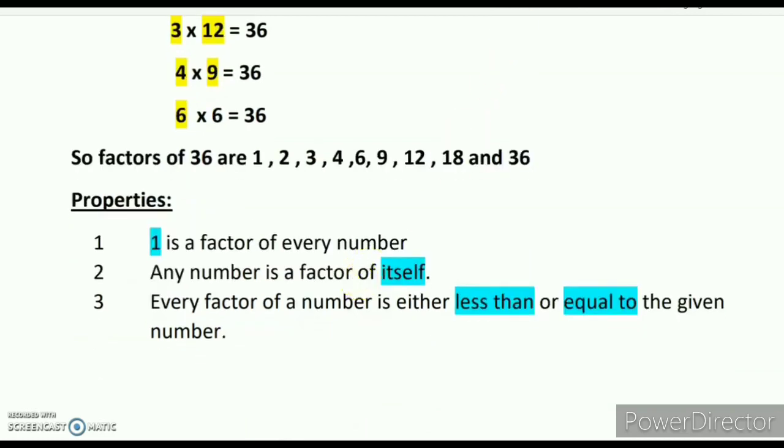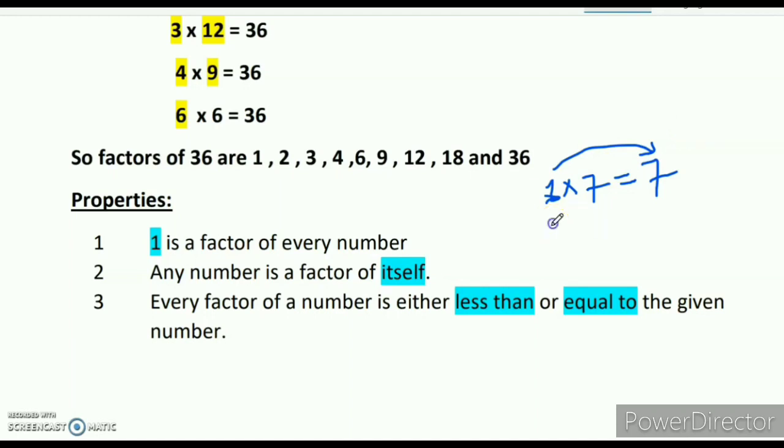Let's move on to the properties of factors. We know that 1 is a factor of every number. How is 1 a factor of every number, children? 1 multiplied by 7 is 7, so we can say that 1 is a factor of 7.